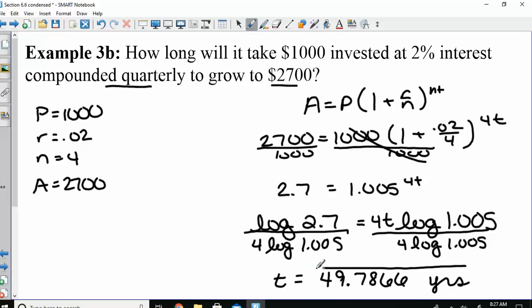So this is going to take almost 50 years to grow to the amount we want. Any questions on this?